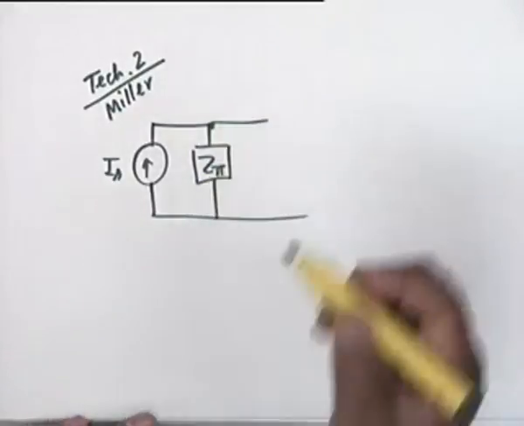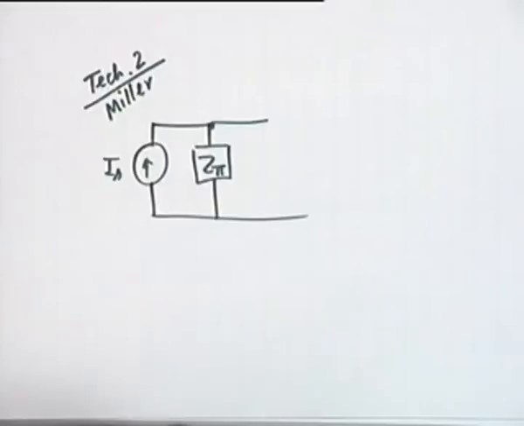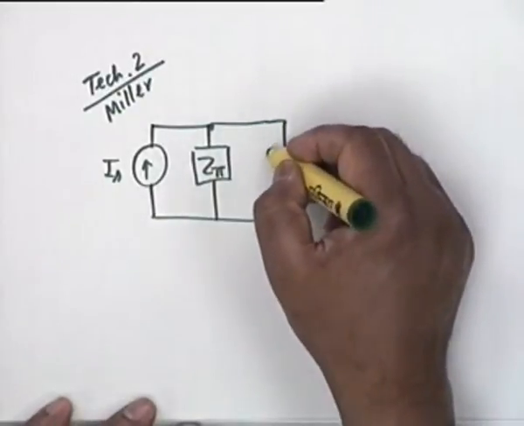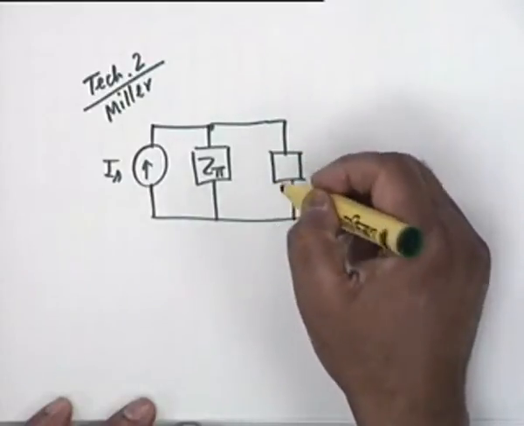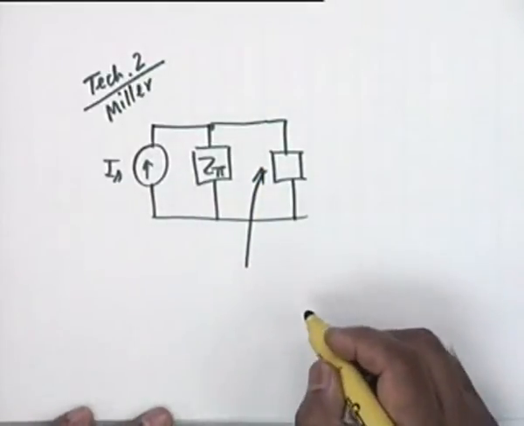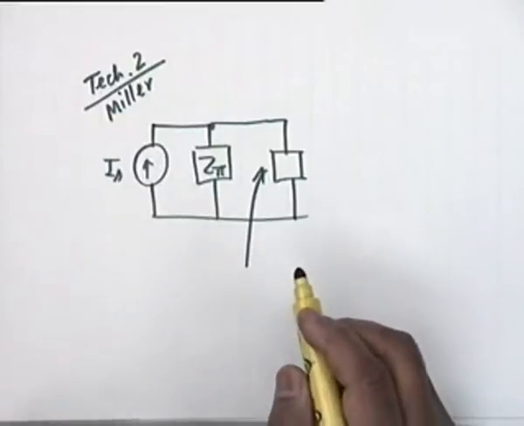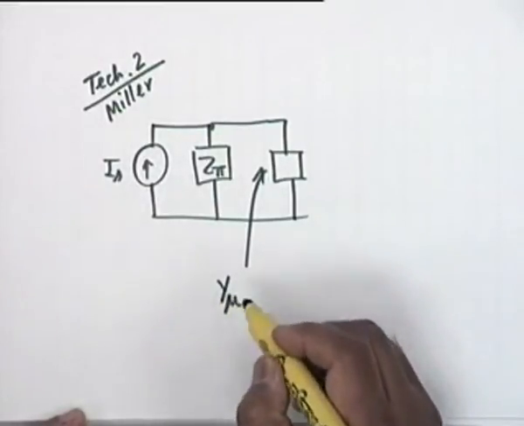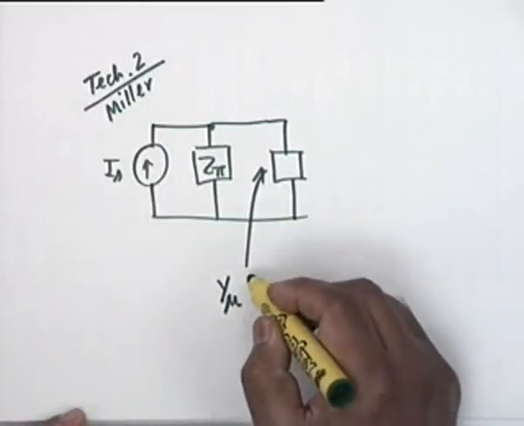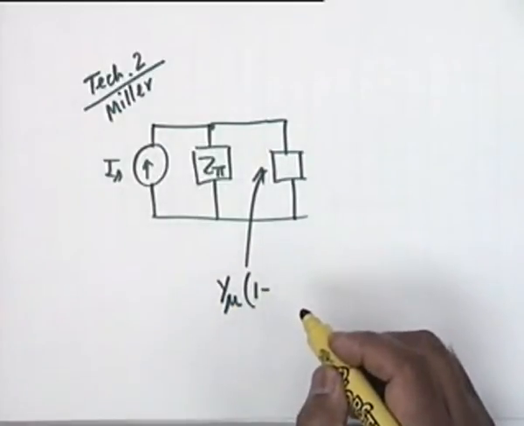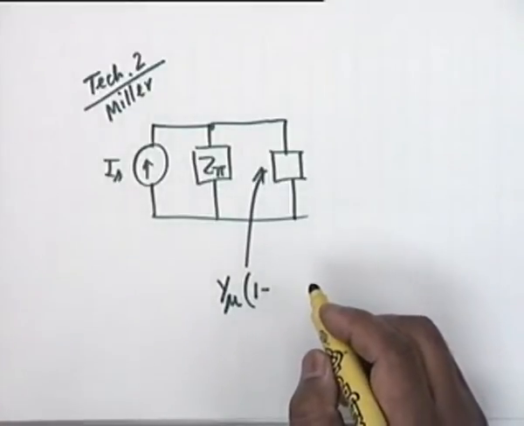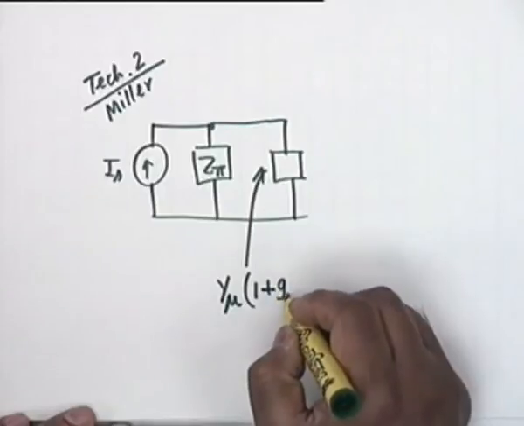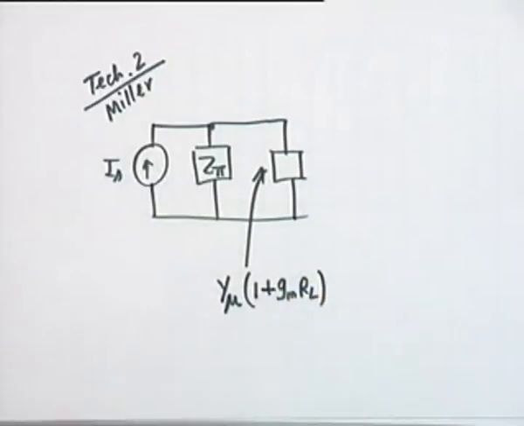Then since Z mu is the culprit, we reflect it to the input and also to the output. Now, if we reflect it to the input, what would this impedance be? It is better to find the admittance. The admittance would be Y mu multiplied by 1 minus gain. Now, 1 minus gain, and gain is minus GMRL, so 1 plus GMRL. Is the point clear?